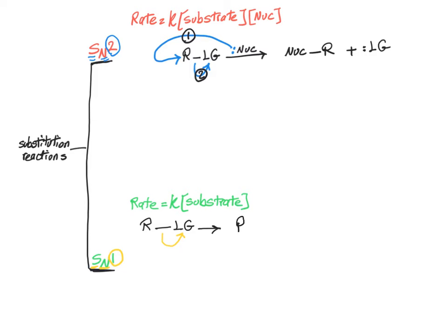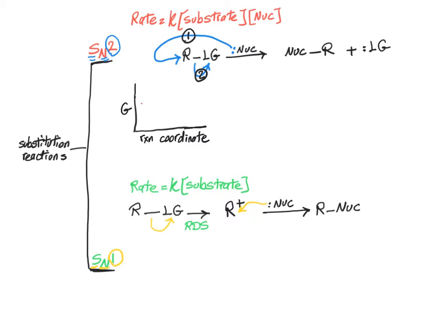Now a carbocation forms, and in the next step, the nucleophile will attack the carbocation and the product will form. In the SN1 mechanism, carbocation formation is the slow step, and it is the rate determining step of SN1 reactions.